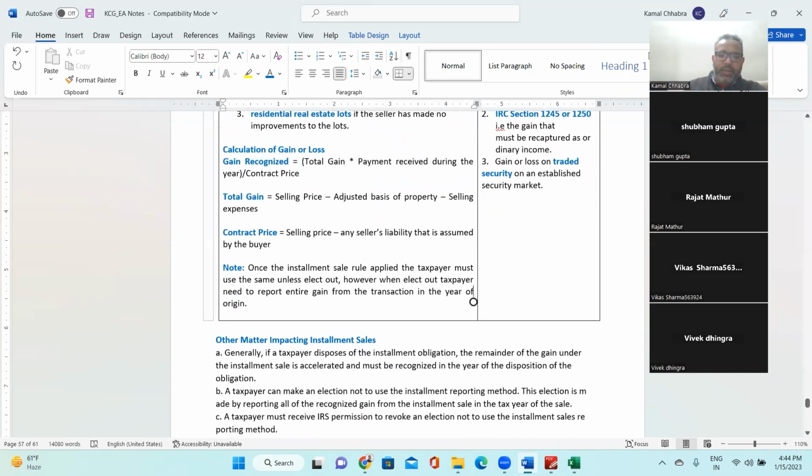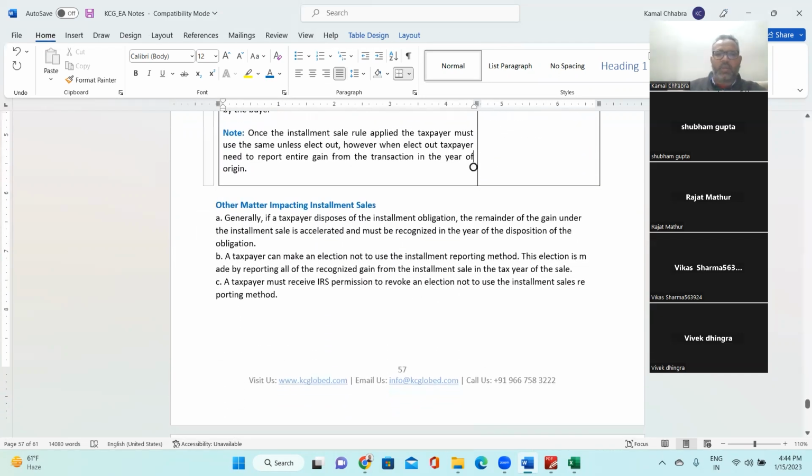So, other matters impacting the installment sale. First, generally, if a taxpayer disposes of an installment obligation, the remainder of the gain under the installment sale is accelerated and must be recognized in the year of disposition of the obligation.